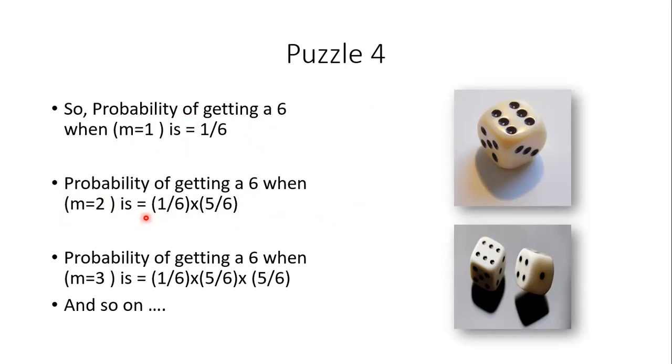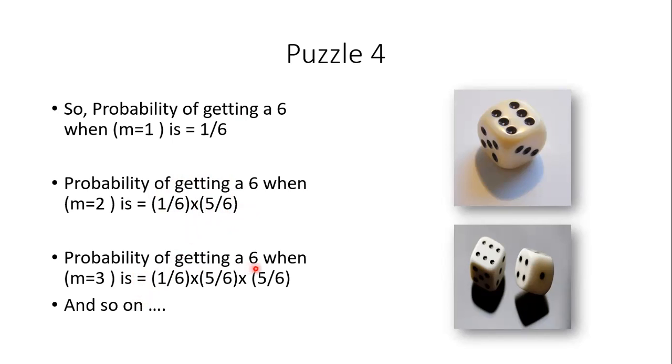That is because the first roll gives a 6, with probability 1/6, and the second roll is not a 6, with probability 5/6. As these events are independent, they are multiplied.